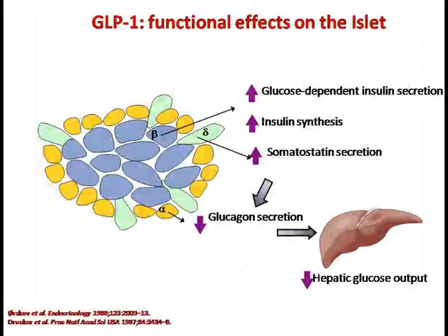This has been utilized in GLP-1 receptor agonists, which lead to increased glucose-dependent insulin secretion, increased insulin synthesis, and with the increased somatostatin secretion, this causes reduced glucagon secretion and hepatic glucose output goes down.